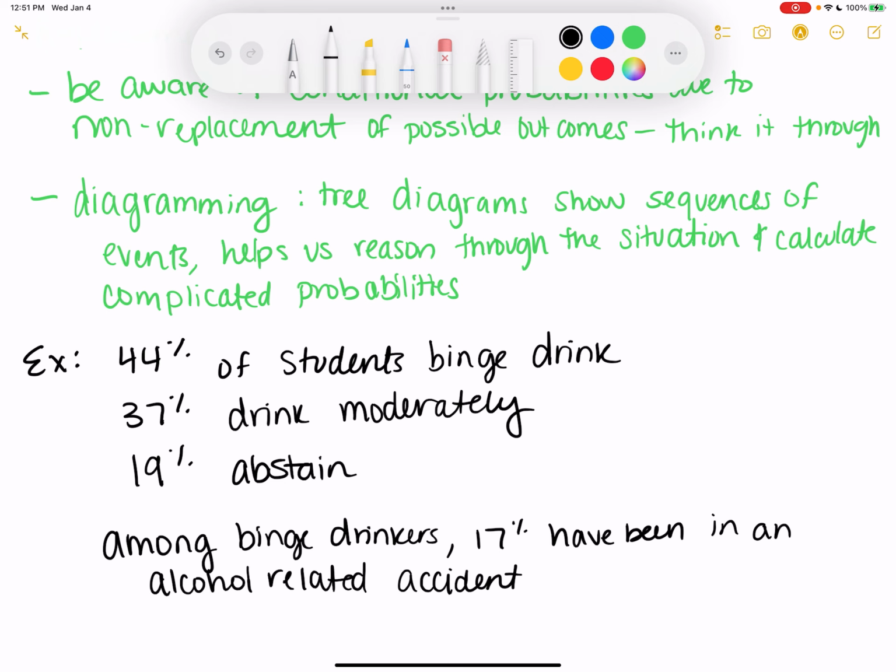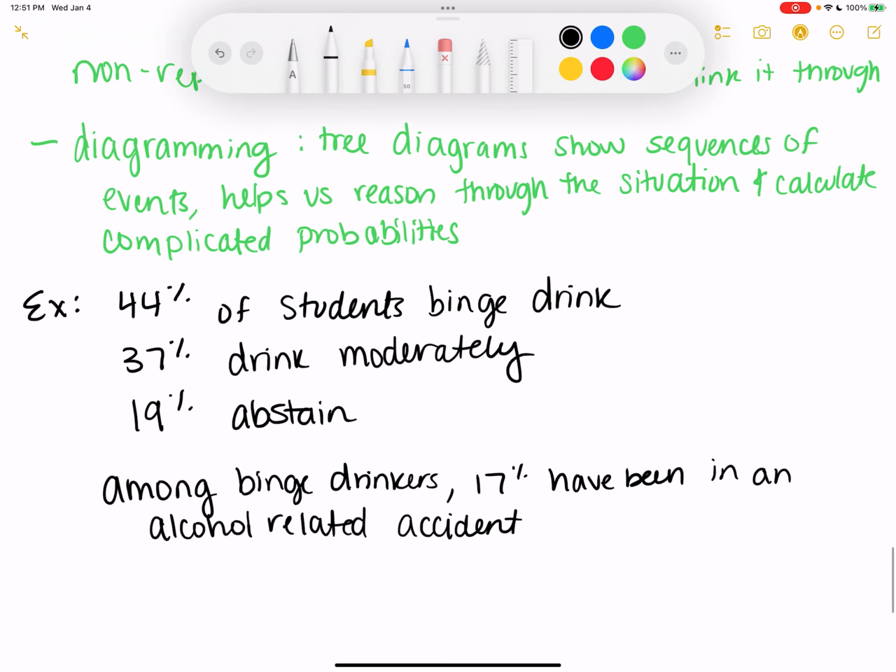I guess I should say a root beer-related accident. And non-bingers, only 9% have been in an accident. Or alcohol-related accident, I guess.